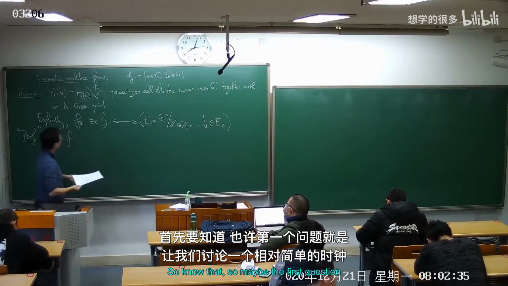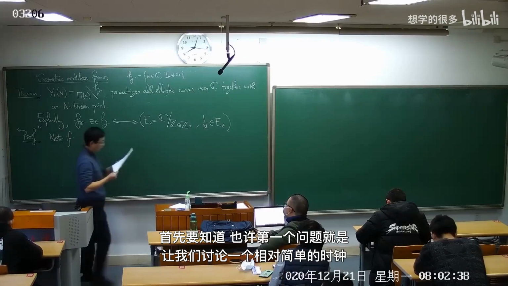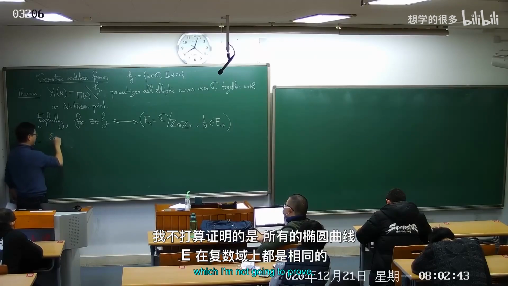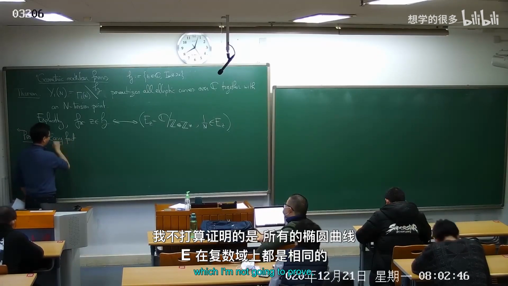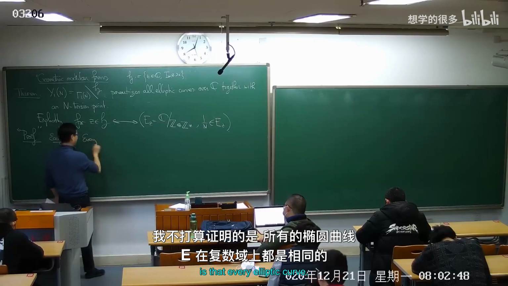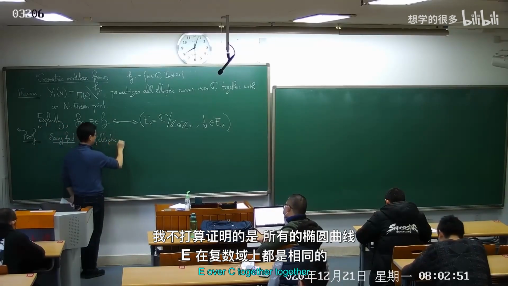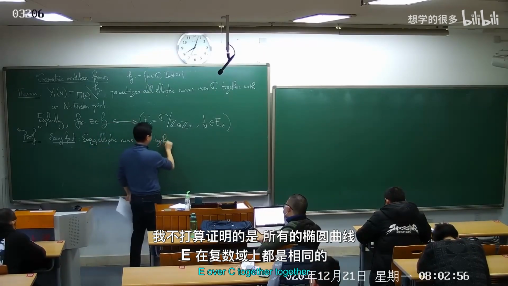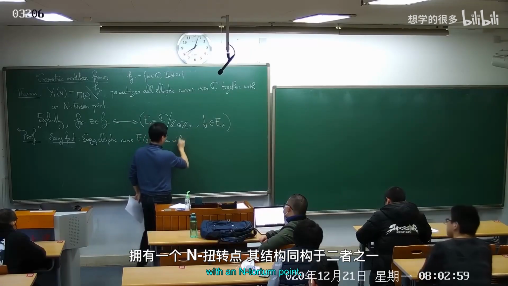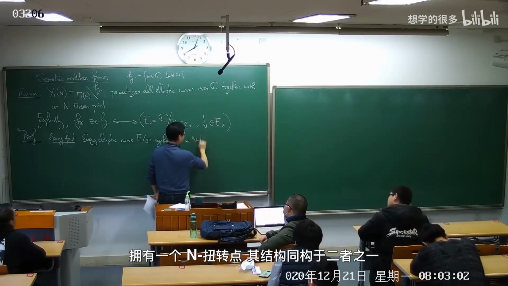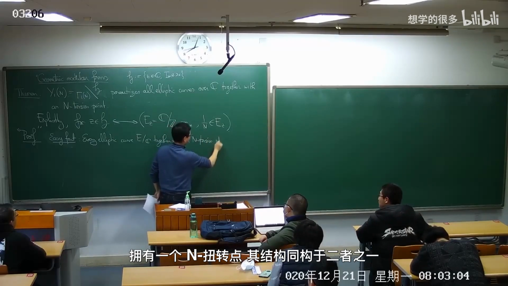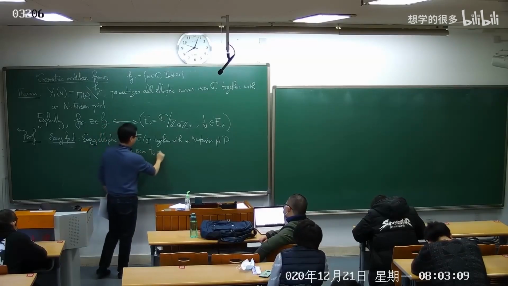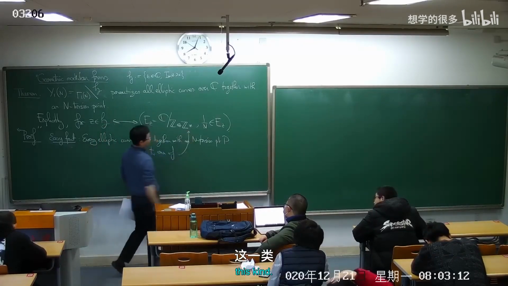So maybe the first question is a relatively easy fact, which I'm not going to prove: every elliptic curve E over C together with an n torsion point is isomorphic to one of this kind.